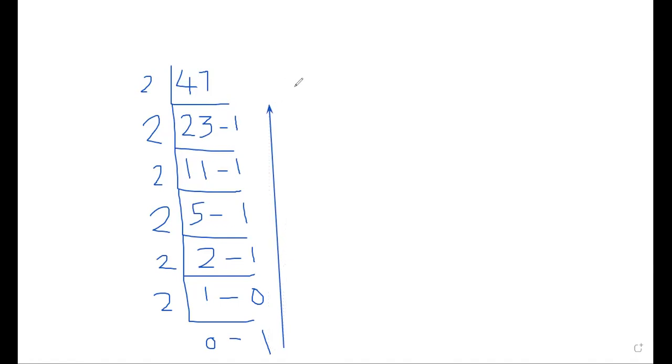So you can write down the final answer as 47 base 10 equal to 101111 base 2, right?